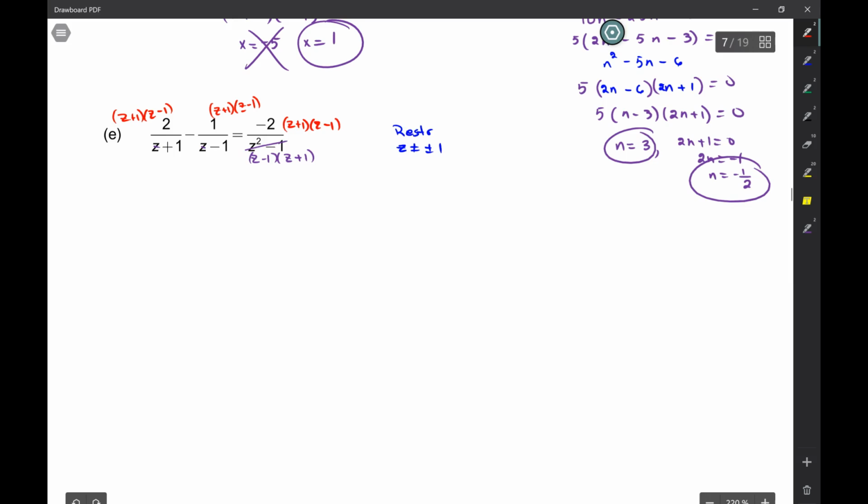Okay. We're going to get rid of a z plus 1 and a z minus 1 and everything here. Don't get too carried away, canceling things out and getting left with nothing, okay? So 2z minus 1, minus 1 z plus 1, equals just 2.